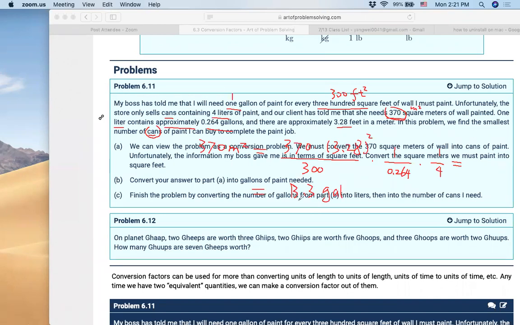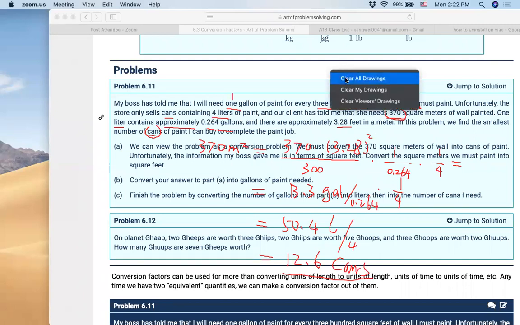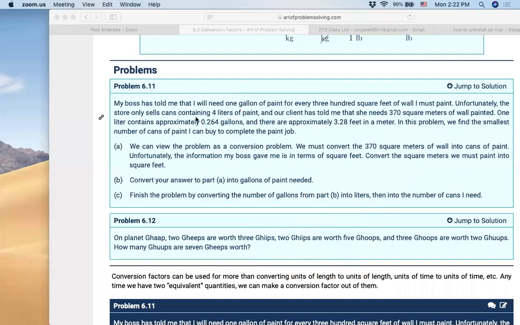Then 13.3 divided by 0.264, this one will give you, let's say, 50.4 liters. These liters divided by 4 will give you about 12.6 cans. Okay, so the answer for this problem is about 12.6 gallons, not gallons, cans.